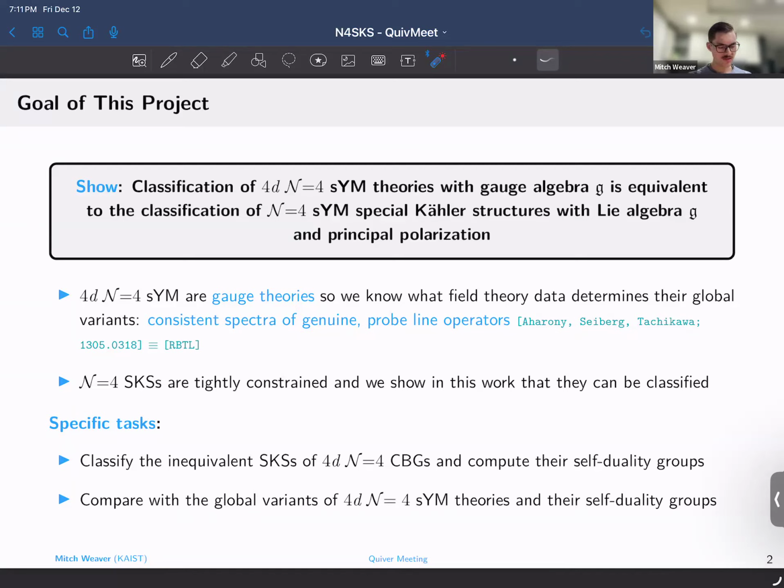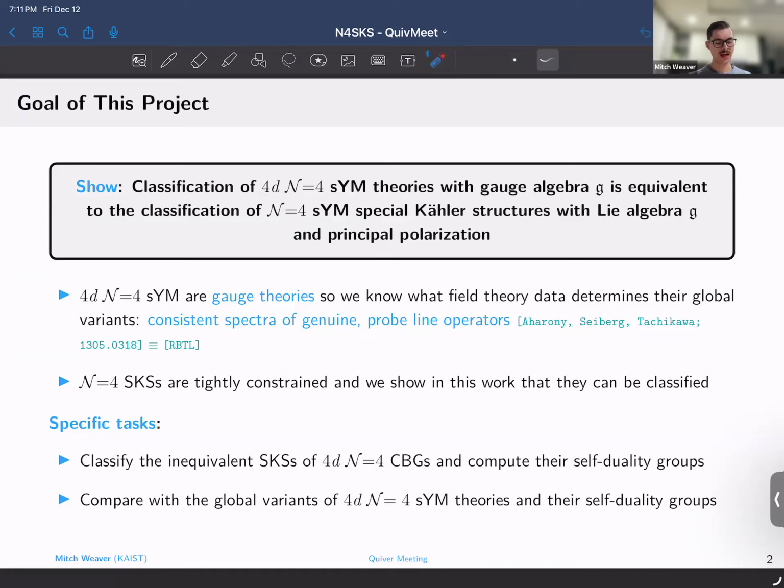And furthermore, on the other side of things, the special Kahler structures of these theories are really tightly constrained, to the point that we can actually classify them and reduce it to a linear algebra problem, which is what we do in this paper, and we go through the whole song and dance there.